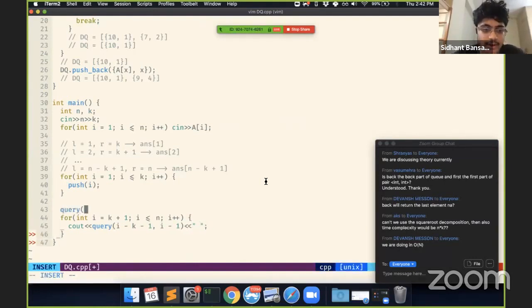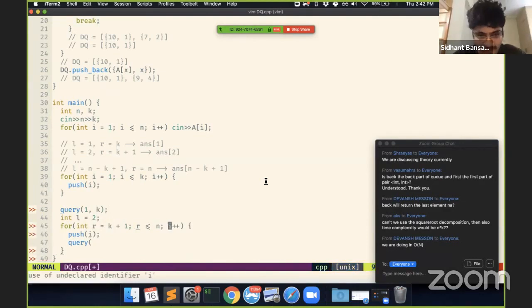Or you can just say, first we are querying from 1 to k, then we are pushing in i, and then we are querying. I want you guys to get the feel of what I'm trying to do. There are multiple ways to write this thing. I just want to write it in the way that most people understand what's happening.